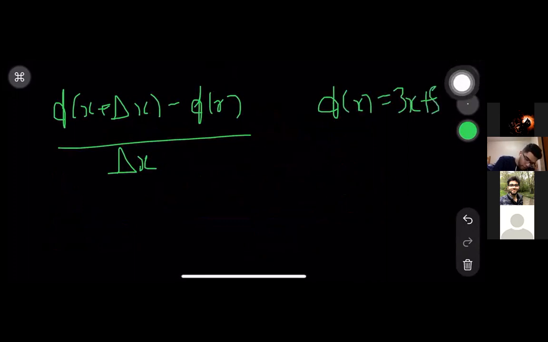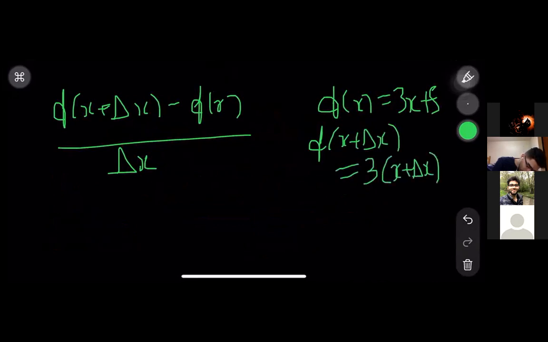So if we have to do f of x plus delta x, this would be 3 times x plus delta x plus 5. Does everybody agree with this? This is f of something, and in this case our something is x plus delta x, so it would be 3 times x plus delta x plus 5. Is that okay? Does anybody feel that's not okay?